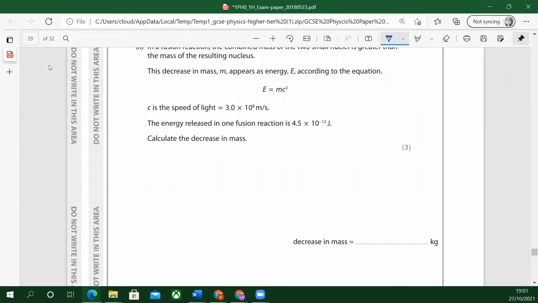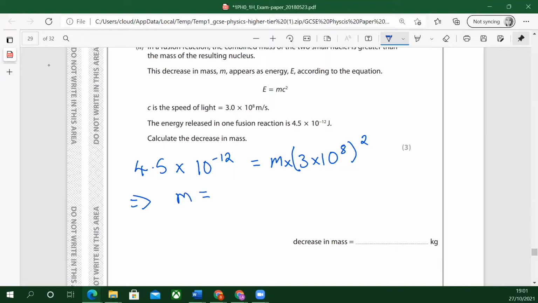So all we need to do is substitute into this equation. Remember, energy is always in joules, so if we see J, it means it's energy. 4.5 times 10 to the minus 12 equals m, which you don't know, times 3 times 10 to the power of 8, that's the speed of light, squared. Then you would have to rearrange this, and you actually get a mark for rearranging it.